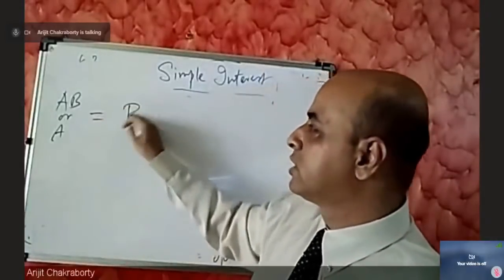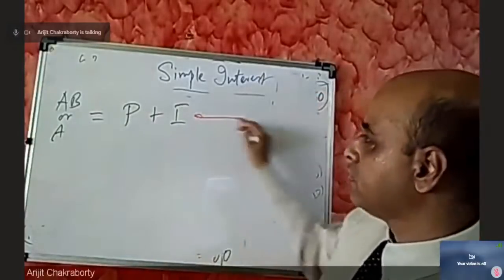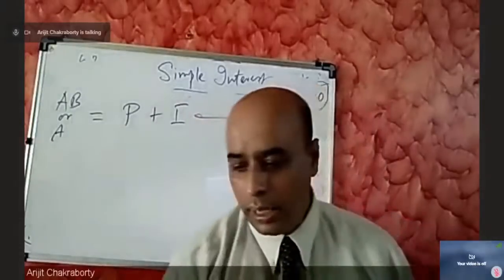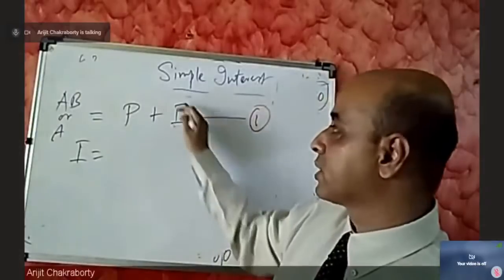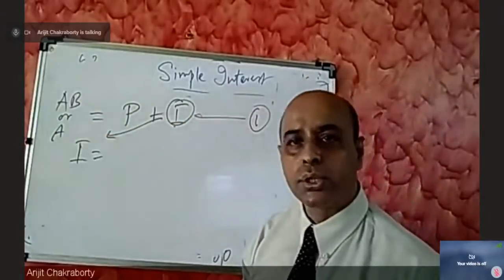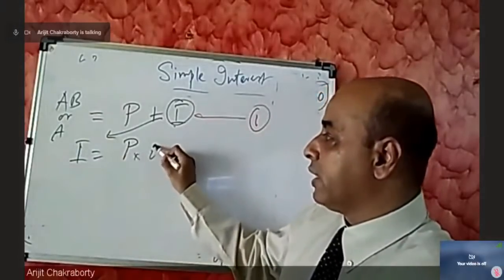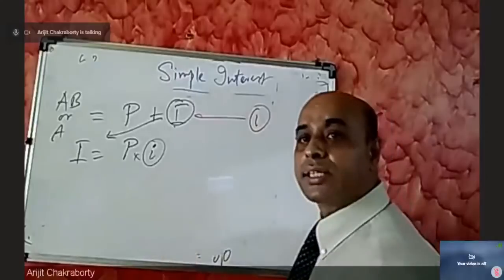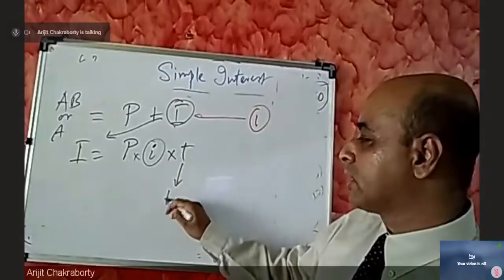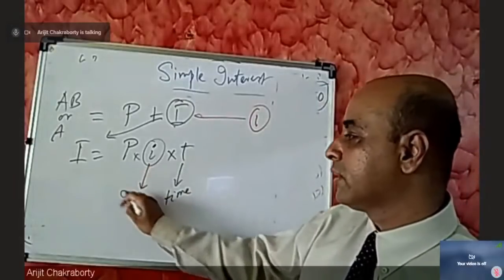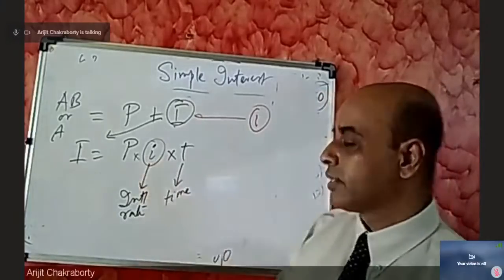This is equal to principal plus interest. This is the first formula, number one. The second formula is interest I. This interest is equal to principal multiplied by small i, that is the interest rate, into T. T is the time, and i is the interest rate.